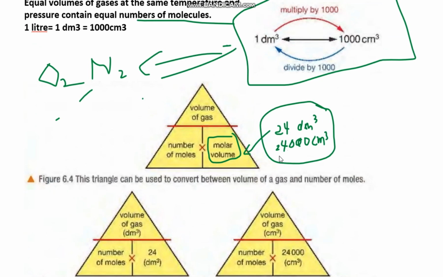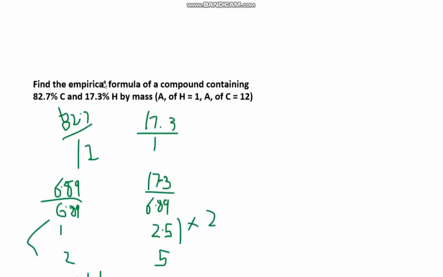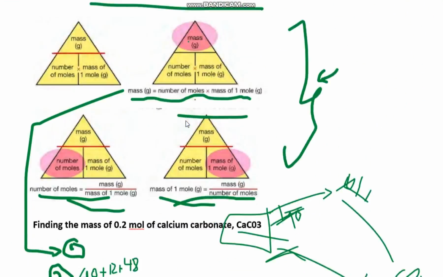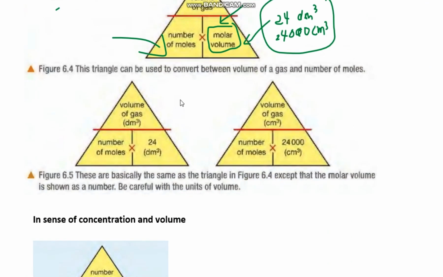24 decimeter cube equals 24,000 centimeter cube, which remains constant here, and in the paper they will tell you to find the volume of gas in decimeter cube. So you use 24 decimeter cube in your equation, and the number of moles you find by using this equation, or sometimes you have to use this equation itself, like here number of moles equals volume over 24 decimeter cube.